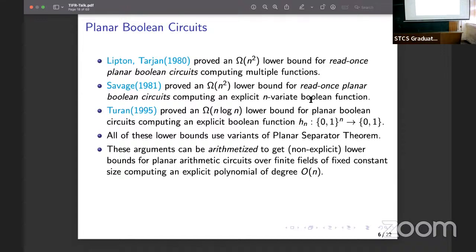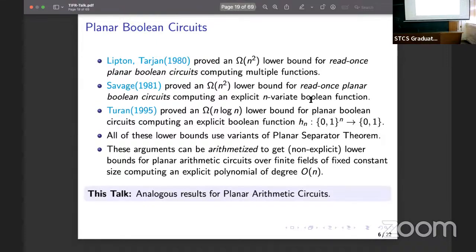Even in Turan's result, this explicit Boolean function, you get it from a linear size super concentrator. So this natural thing of using partial derivatives to go from n functions to one function, that's not how it works. Okay. So you can't potentially arithmetize these directly and get lower bounds. So you have to do some more tricks, which is what we do.